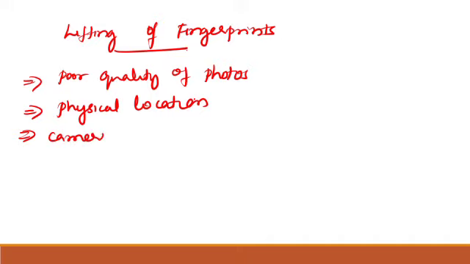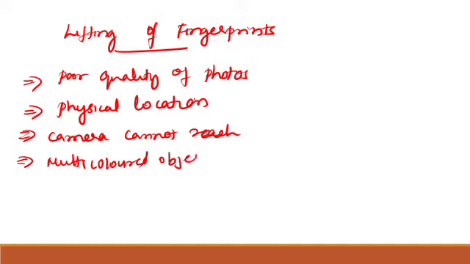Then we can go for lifting the powdered fingerprints. So you can see here I am writing: poor quality of photos, physical location, camera cannot reach the particular area, or the surface is a multicolored object. Then we can go for lifting of fingerprints.